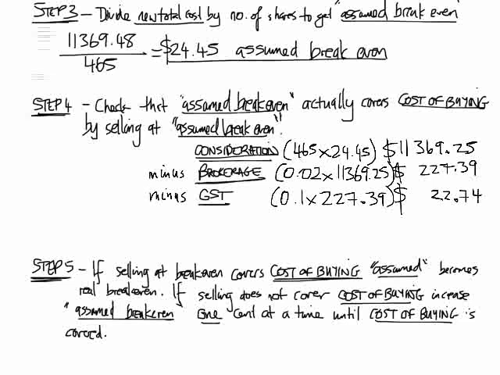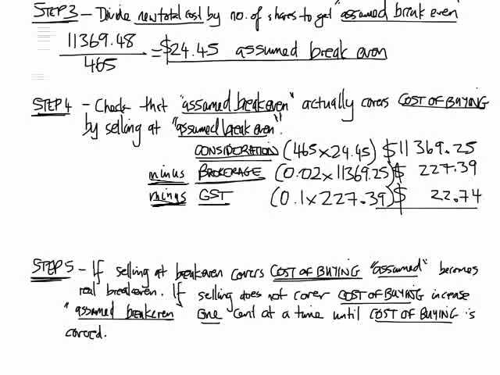22.74 rounded up. So in total, what are our proceeds from selling the shares at the assumed break even? 11369.25. Then remember it's selling, so you have to minus the brokerage and the GST.